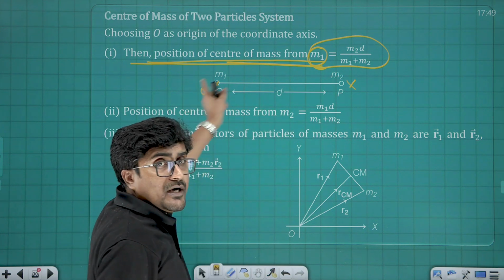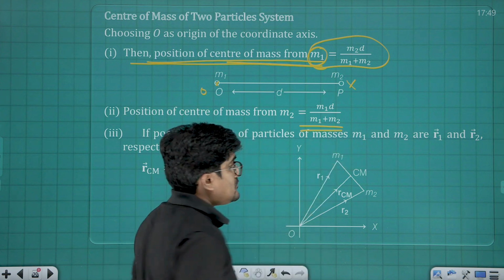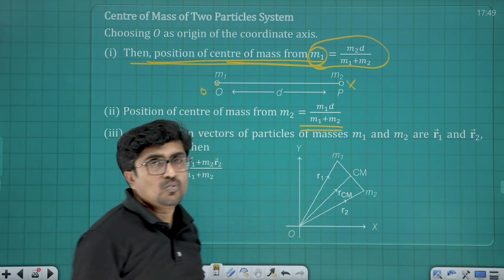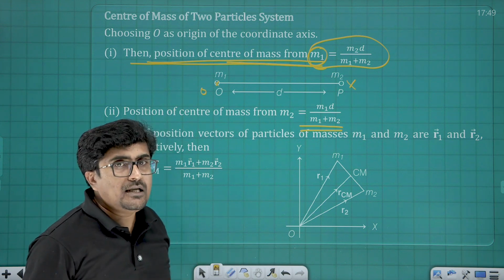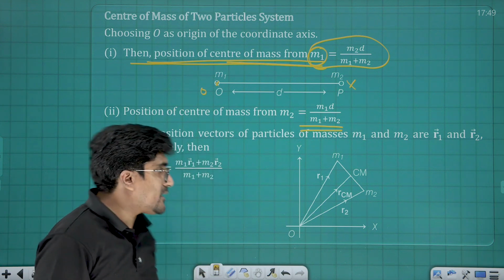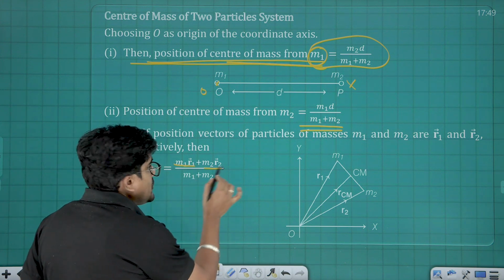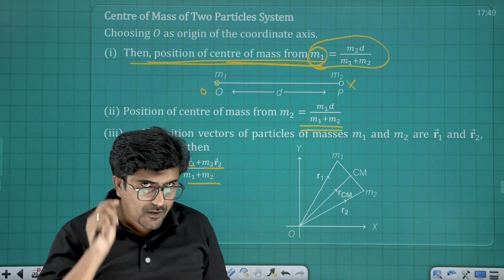Now it's going to be m1 into d divided by m1 plus m2. So that you can see here. And if r1 vector and r2 vector are given as the corresponding position vectors, then it is going to be m1 r1 vector plus m2 r2 vector, all divided by m1 plus m2. I hope you got it right.